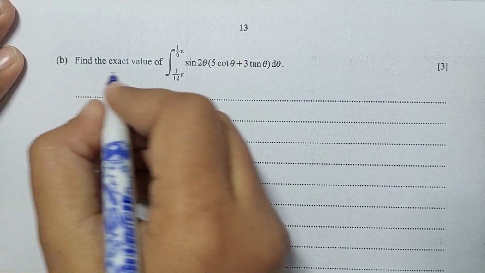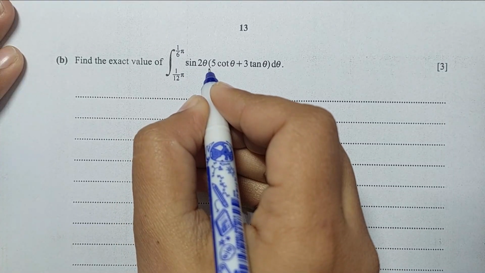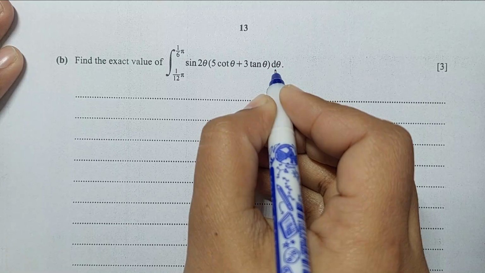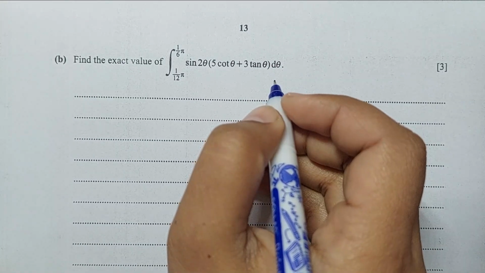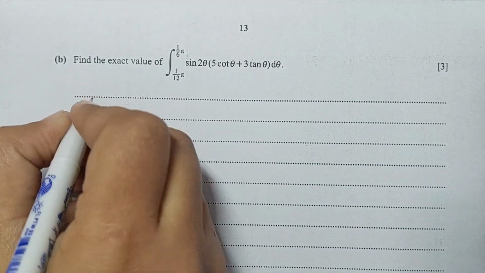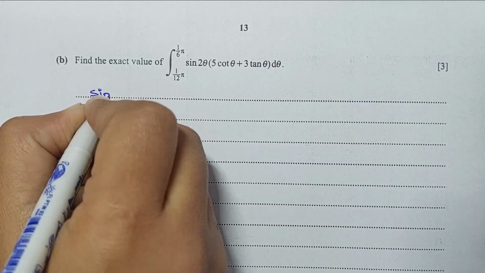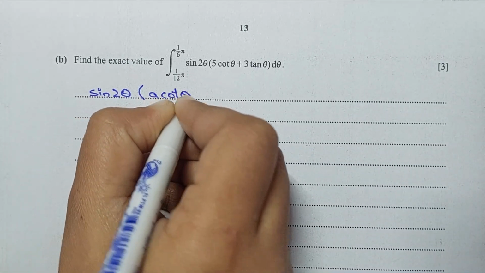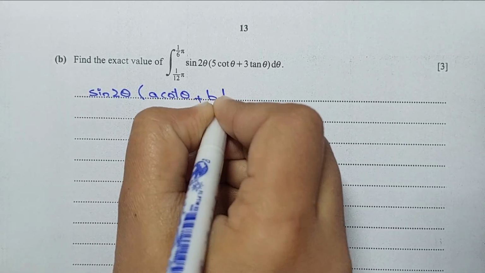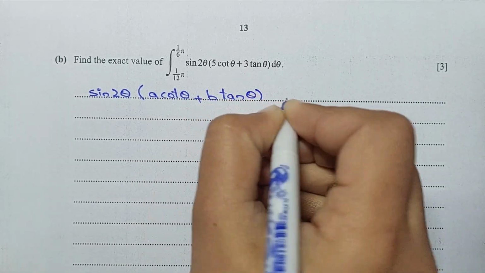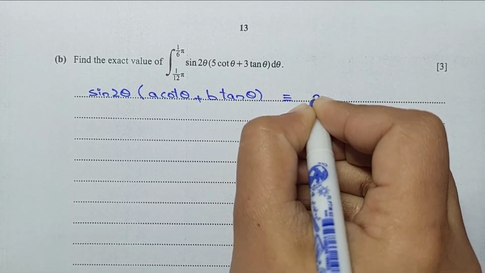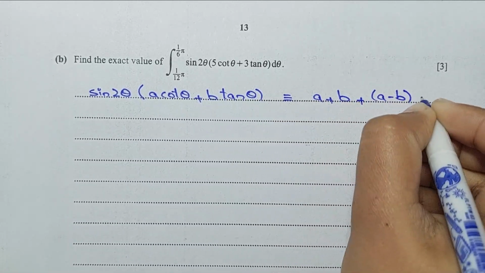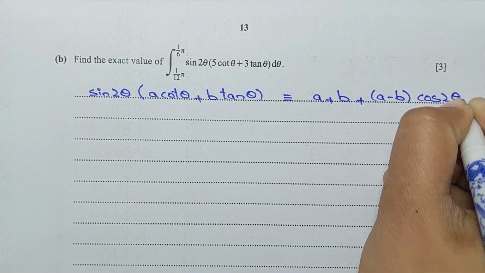Now for part b, find the exact value of the integral of sine 2 theta (5 cot theta plus 3 tangent theta) d theta. Okay, so we know that sine 2 theta into (a cot theta plus b tangent theta) is always equal to a plus b plus a minus b cos 2 theta, right?